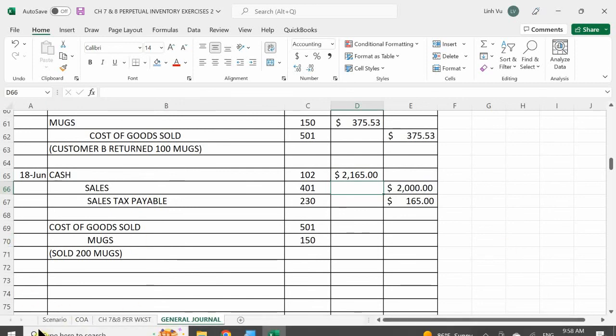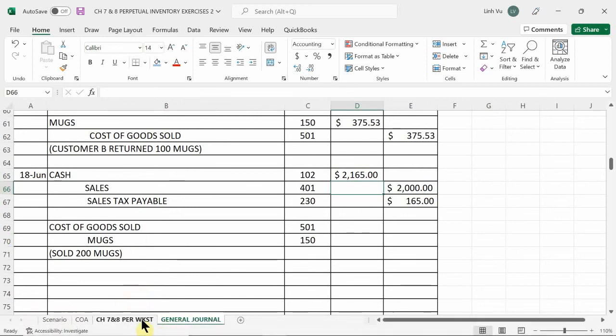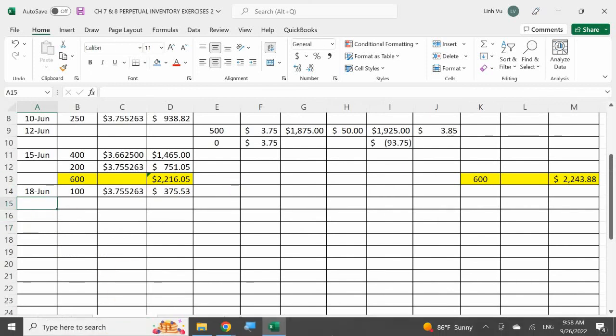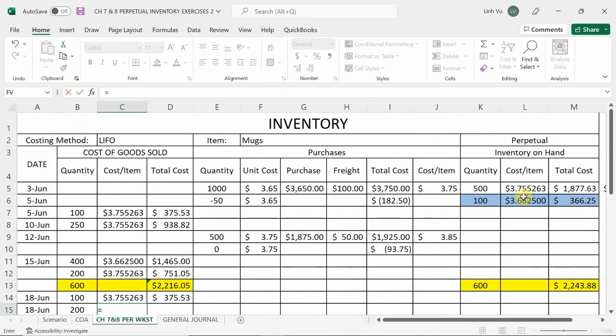So now I need to figure out what my total cost of goods sold is. So in this case, I sold on the 18th 200 units, right? Right now, I only have one batch of inventory so far with my regular sized cups.